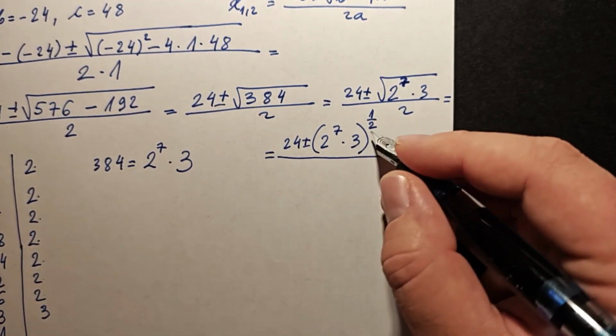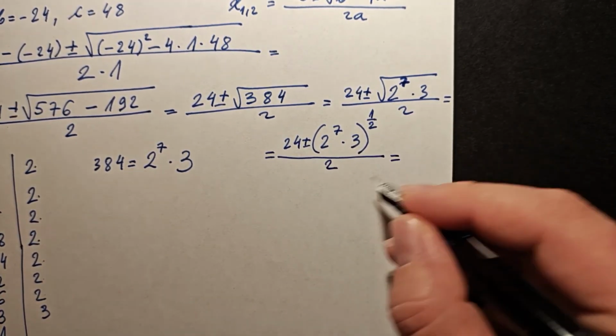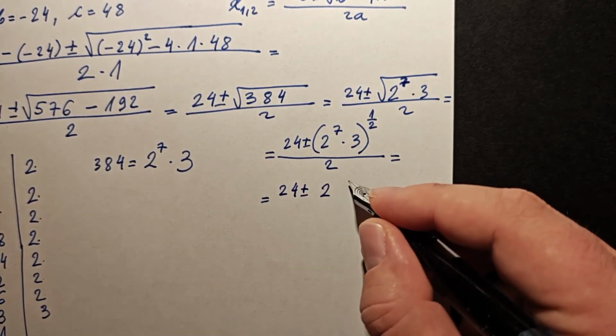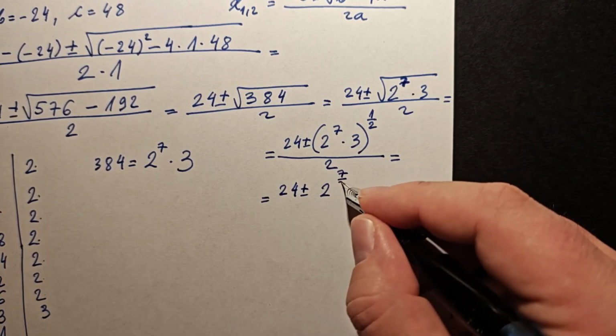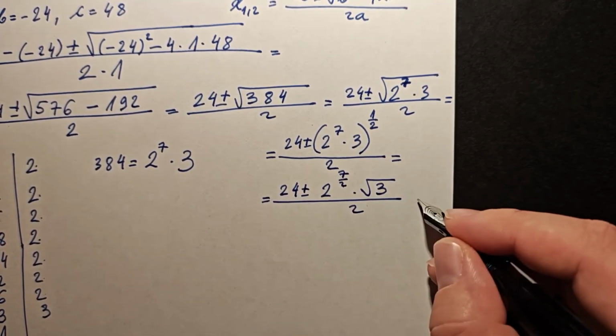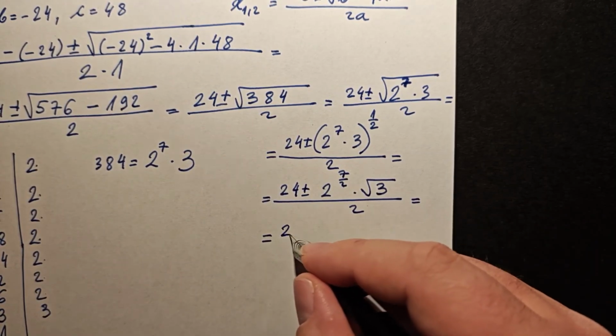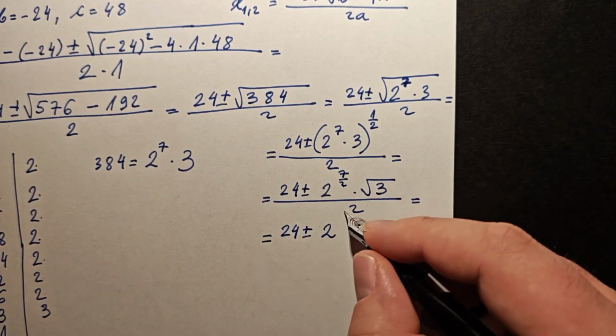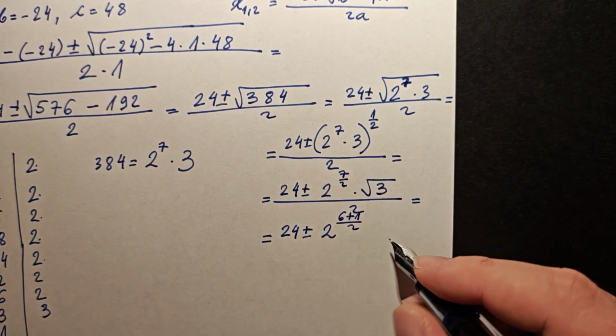So this is then going to be divided by 2, and we get that this is 24 plus or minus 2 to the power of 7 over 2 multiplied by the square root of 3 divided by 2, which is 24 plus or minus 2 to the power of 6 plus 1 divided by 2.